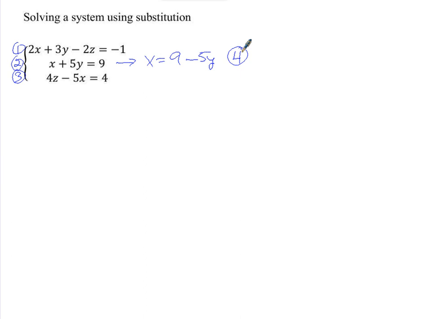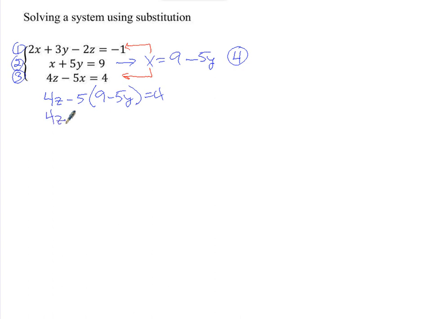Okay, so now what I need to do is I need to take this x. I know what x is now. I need to take that x and substitute it into the other 2 equations. So I'll take equation 3 first, right here. 4z minus 5 times x, which is 9 minus 5y, equals 4. Now I just simplify this down.